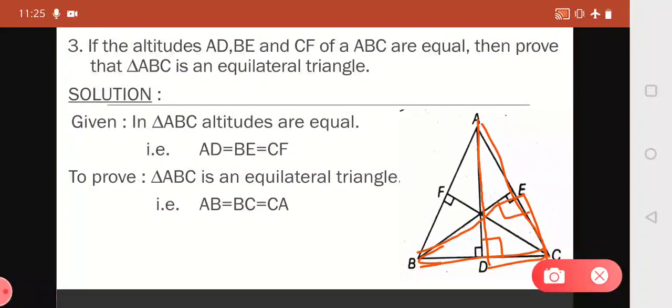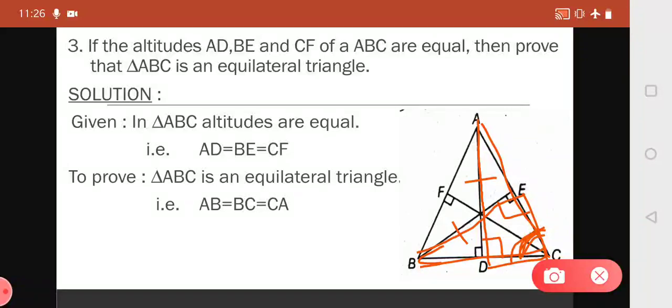This is also an altitude, so it will also be 90 degrees. Both are 90 degrees. Another thing we have taken as angle ACD, equal to angle BCE. So we have taken this as the common angle between both the two triangles. And third, it has already been given that altitudes are equal, so AD equal to BE. So these three parts of the triangles are equal.